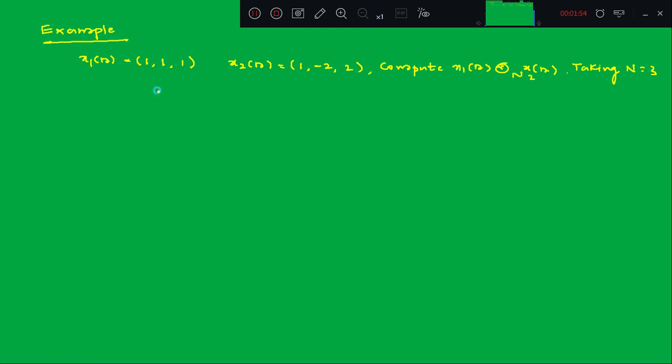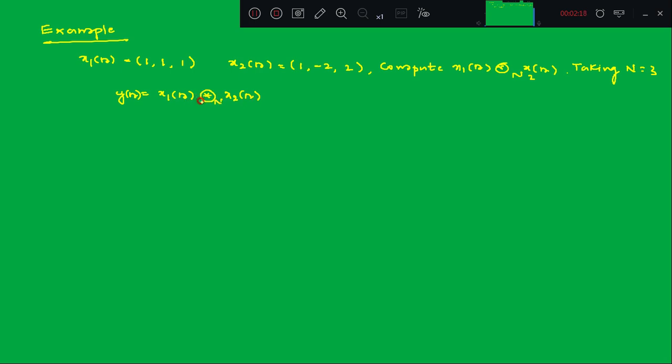So the circular convolution between x1 of n and x2 of n is given by y of n. This y of n is the circular convolved sequence between x1 of n and x2 of n.